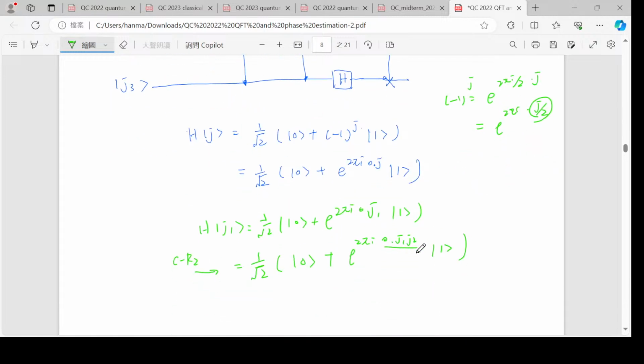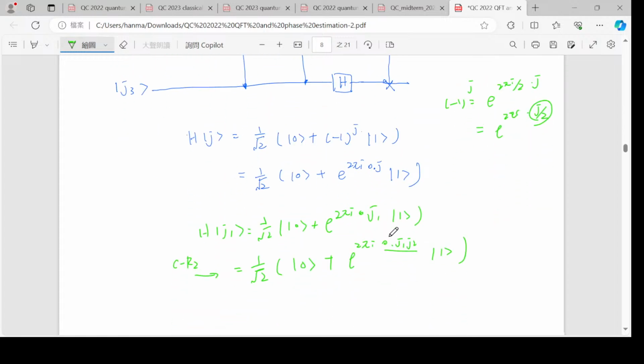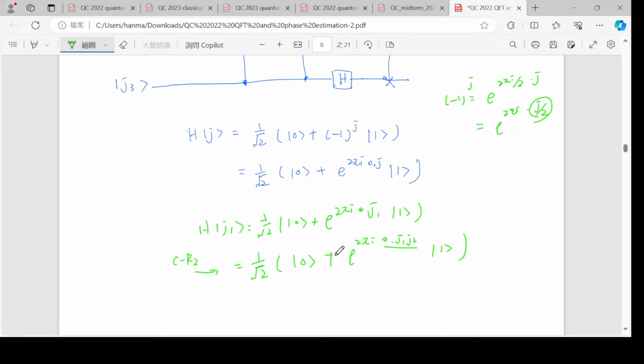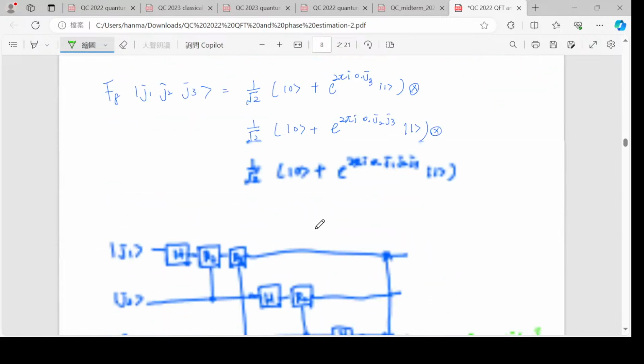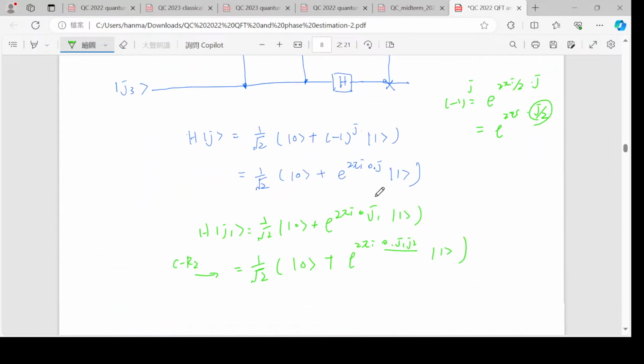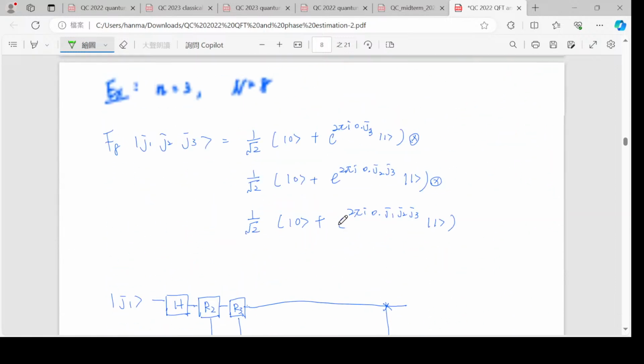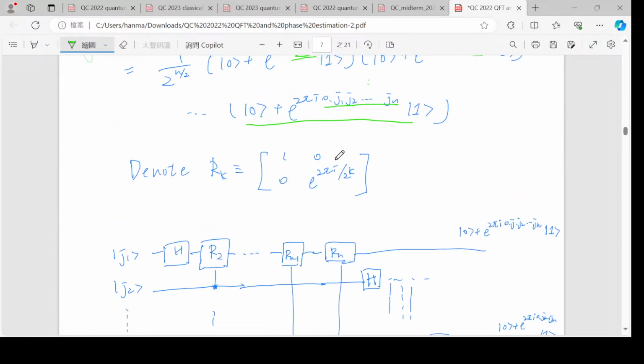So j2 equals 0, then this is the same as this because then this number equals this. And when j2 equals 1, then you add the extra phase on the |1> register, right? Because remember our RK looks like this. So when j2 equals 1, then you add e to the 2 pi i divided by 2 squared.